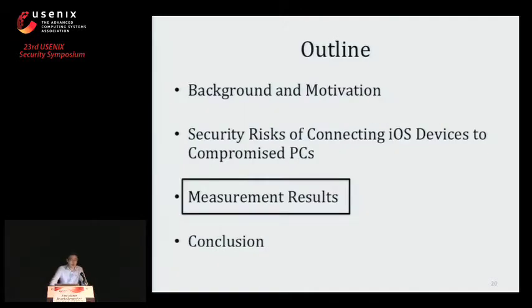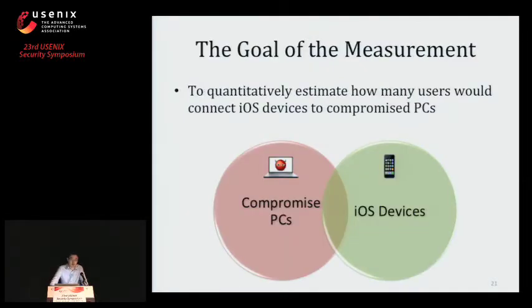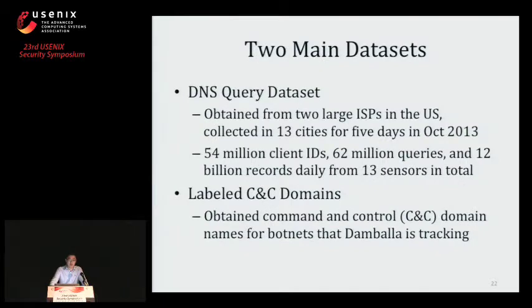In order to show that these attacks are very realistic, we also conducted a large-scale measurement. The goal of the measurement is to quantitatively estimate how many iOS users would connect their iOS devices to compromised personal computers. Basically, we want to estimate the overlap between the two circles. We have two main datasets.